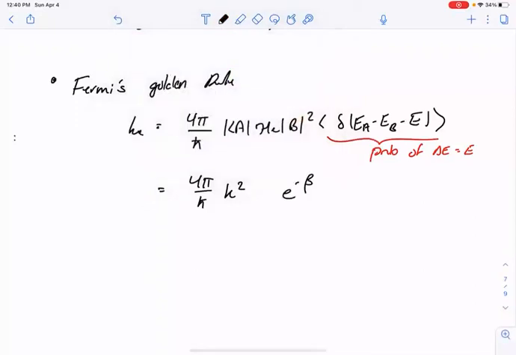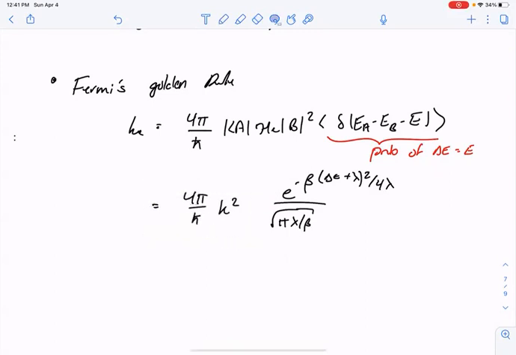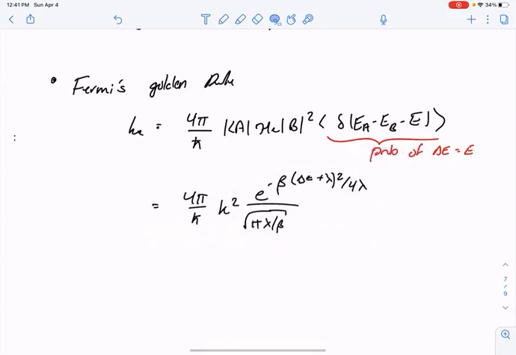That is e to the minus beta, the energetic offset plus that reorganization energy squared over 4 lambda. If I were to normalize that distribution, I would get a factor of pi lambda over beta. So this is our transition state theory estimate of the rate of electron transfer.